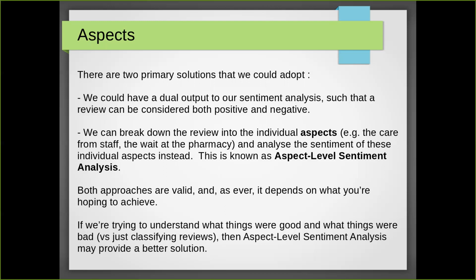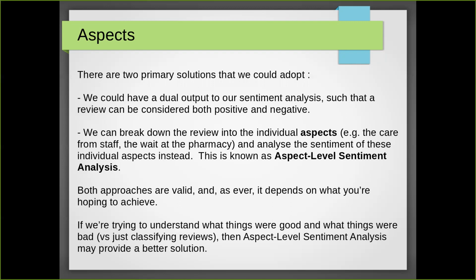But in reality, I would hope normally you're doing this because you're hoping to improve something. And so the other approach, which is a little newer, is to break down the review into individual aspects. So it might be in the review we just looked at, we have the aspect of the care from the staff and the wait at the pharmacy.